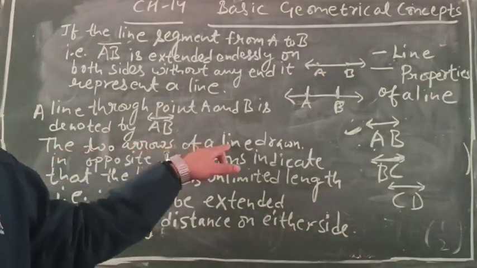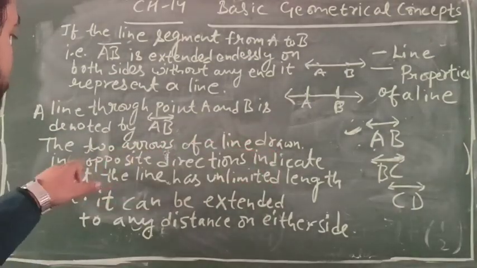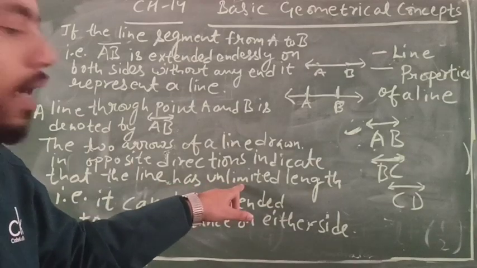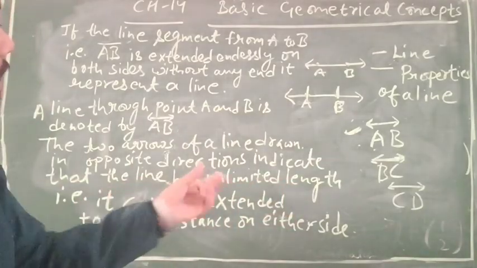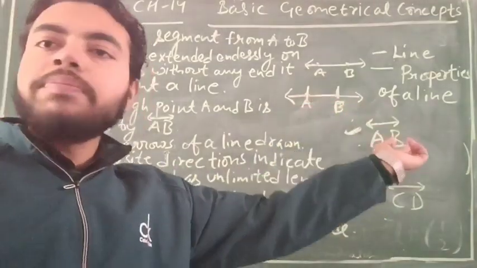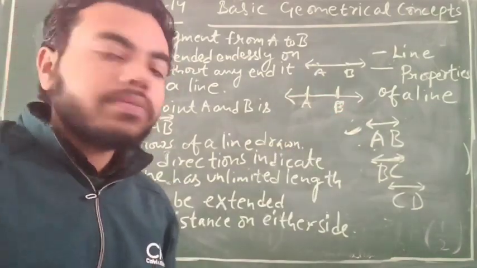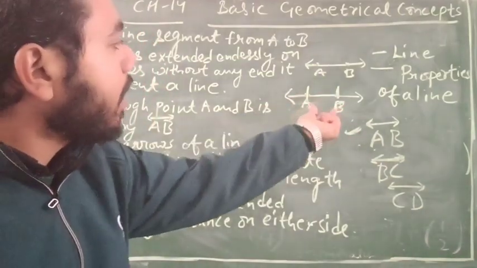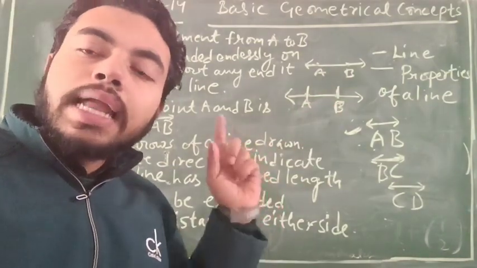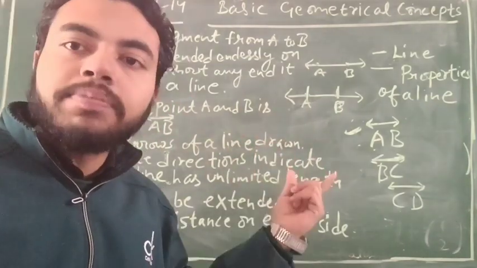The two arrows of a line drawn in opposite directions indicate that the line has unlimited length. Whereas a line segment has a definite length, a ray also has unlimited length.